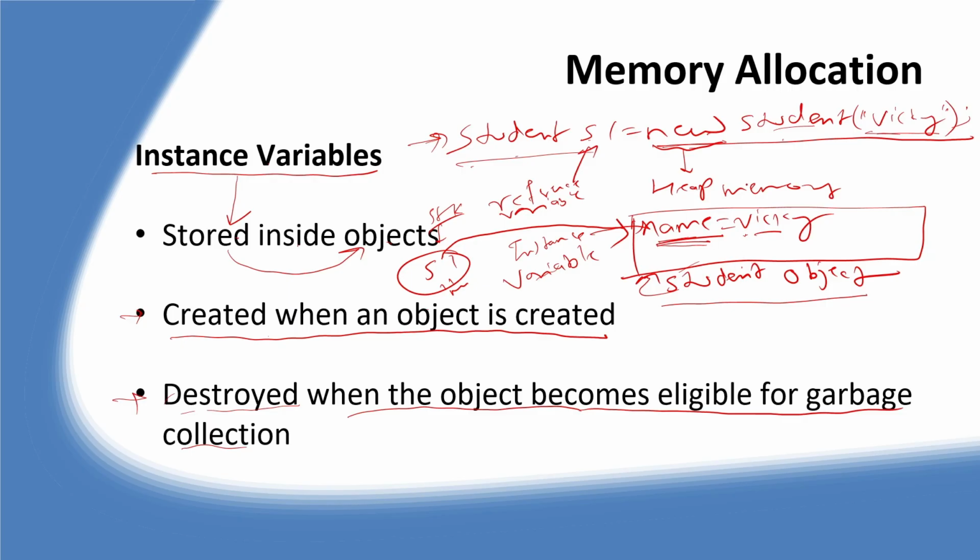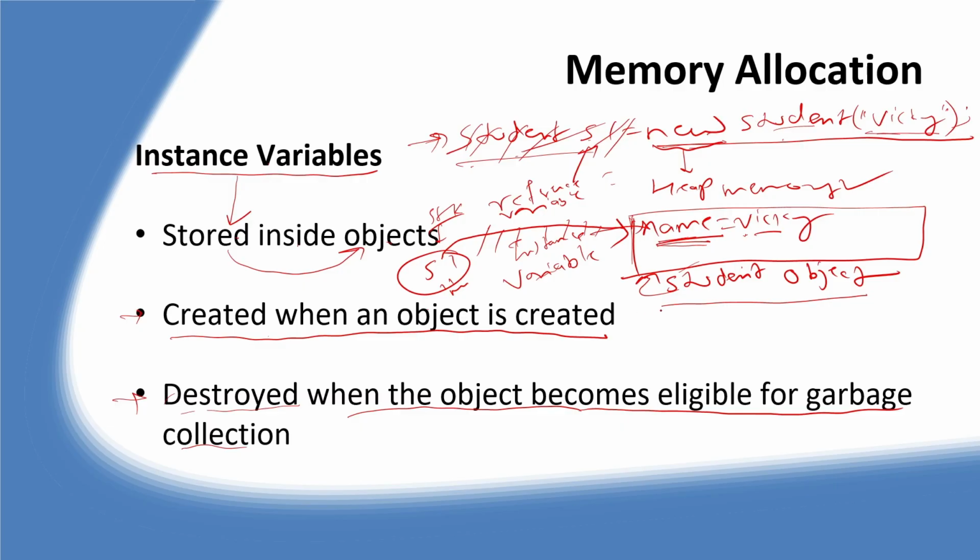And suppose in the further lines of code, this object is not referenced by any of the variable. Suppose we have not referenced anywhere, then there is no reference to this object, and this object is sitting in the heap memory. Then garbage collector, there is a concept of garbage collector.